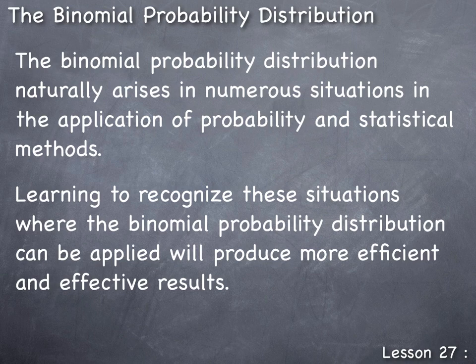We need to be able to read and recognize the particular probability problem as a binomial. And if it fits the situation of a binomial probability distribution, we can use these binomial probabilities to calculate the results, instead of having to rely upon the basic rules of probability and counting all of the total number of outcomes ourselves.